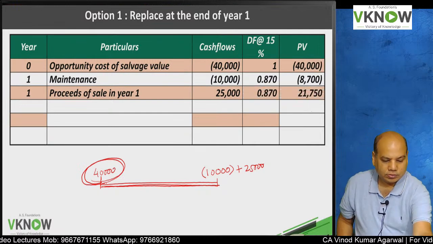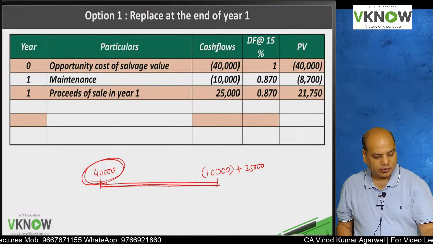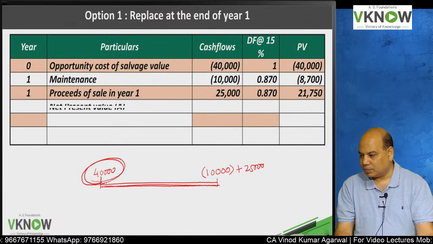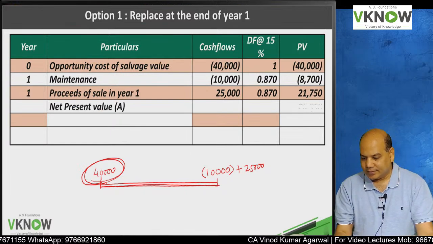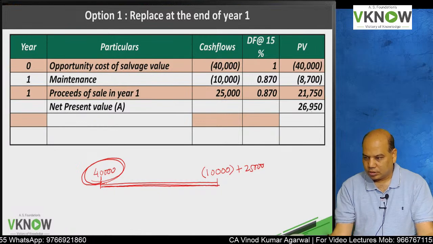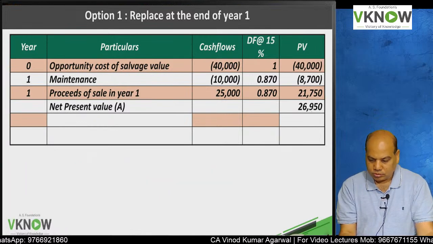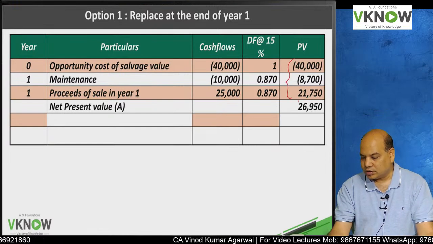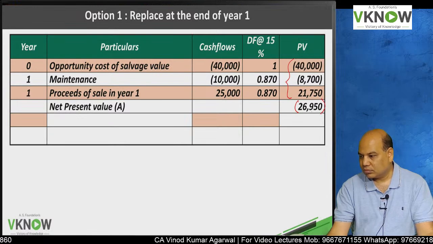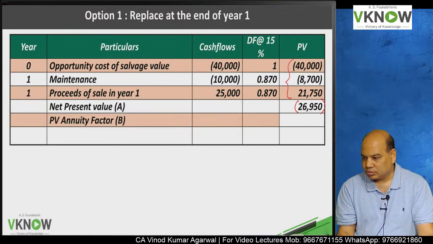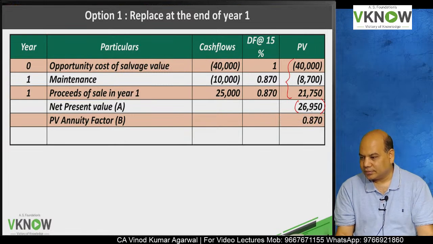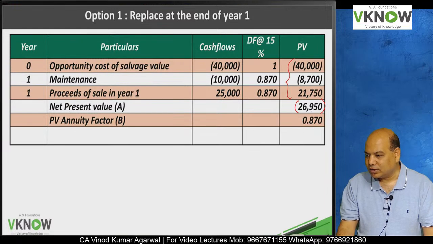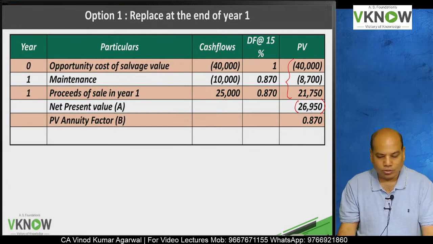Check the present value, 21,750 approximately. Net present value, total of these three numbers, 26,950. PV annuity factor, if it is a 1 year problem, annuity factor and PV factor will be same, 0.870.